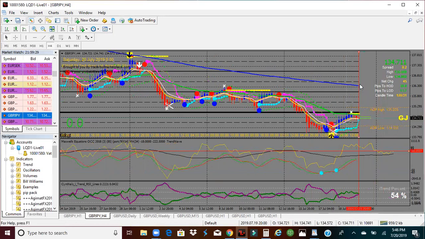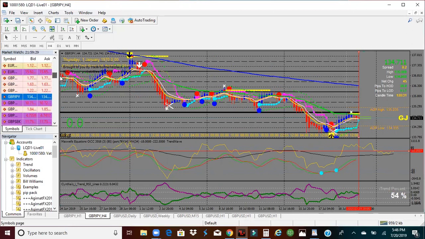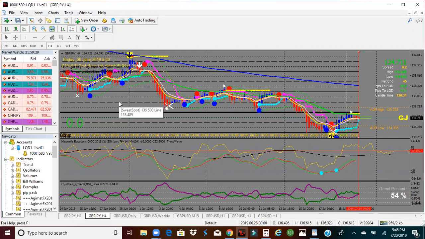But for the most part, I'm going to be looking to buy GJ or GU because those are the two main pairs that I trade, GU and GBPJPY. But if you're wanting to trade other pairs, I can give you my analysis on those. Just let me know which pairs you are interested in trading, and I can do my analysis on that for you and help you on your journey in succeeding in trading.